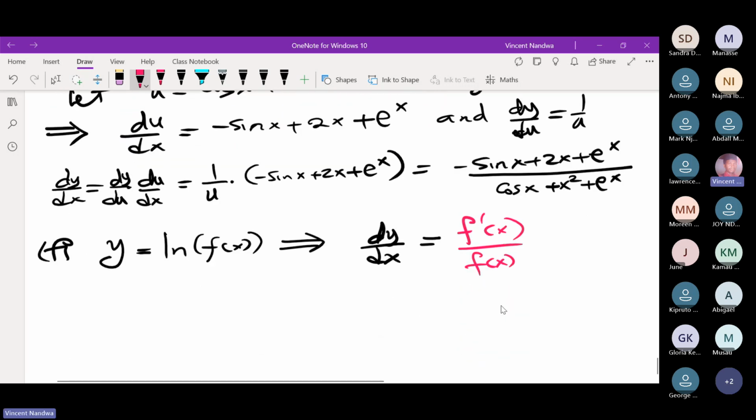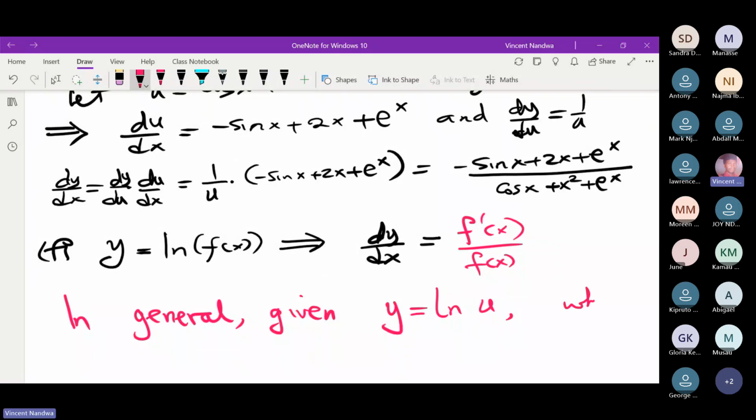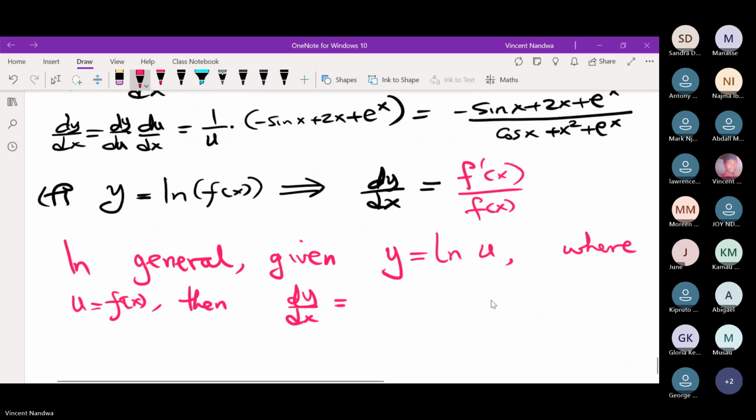That can also be added to your toolbox, that in general, given y equals ln of u, where u is a function of x, then dy dx is always given by u prime over u, which is the same as f prime of x over f of x.